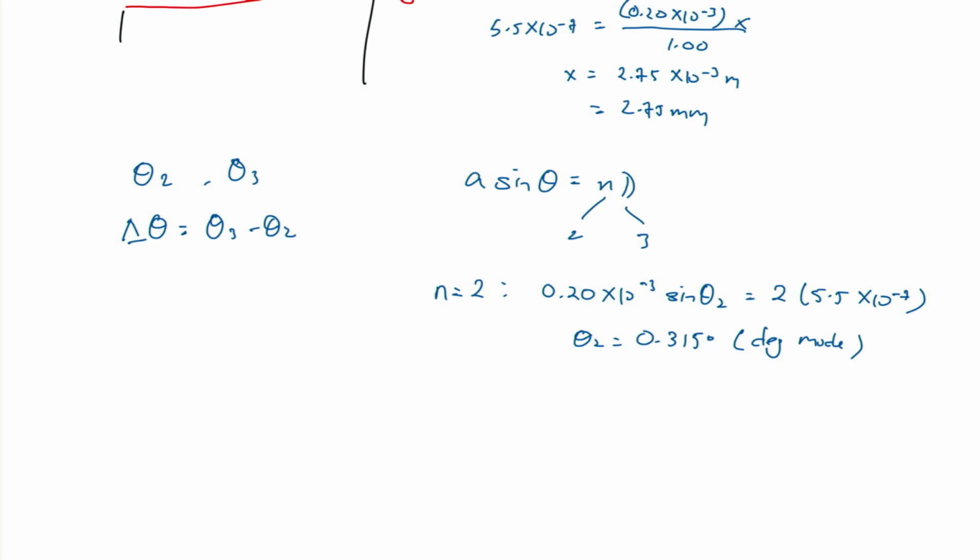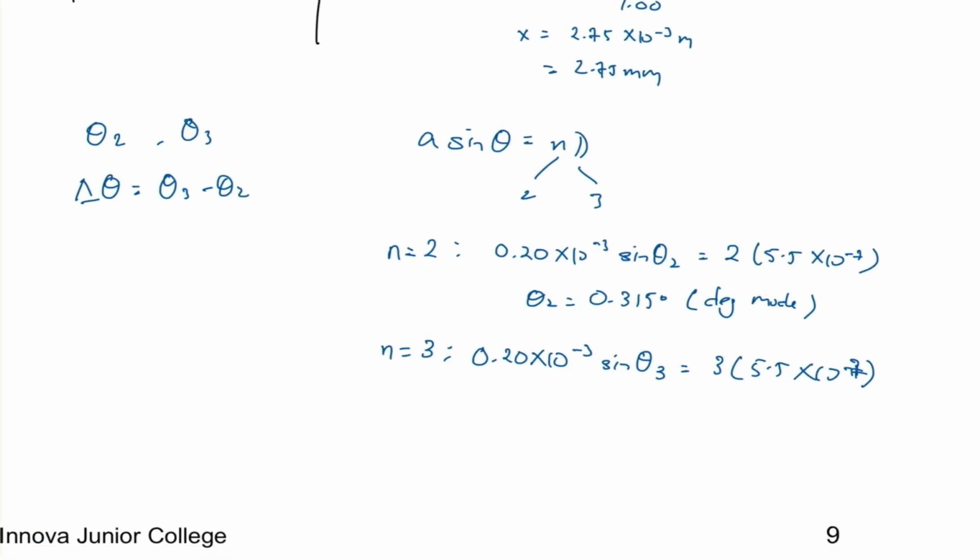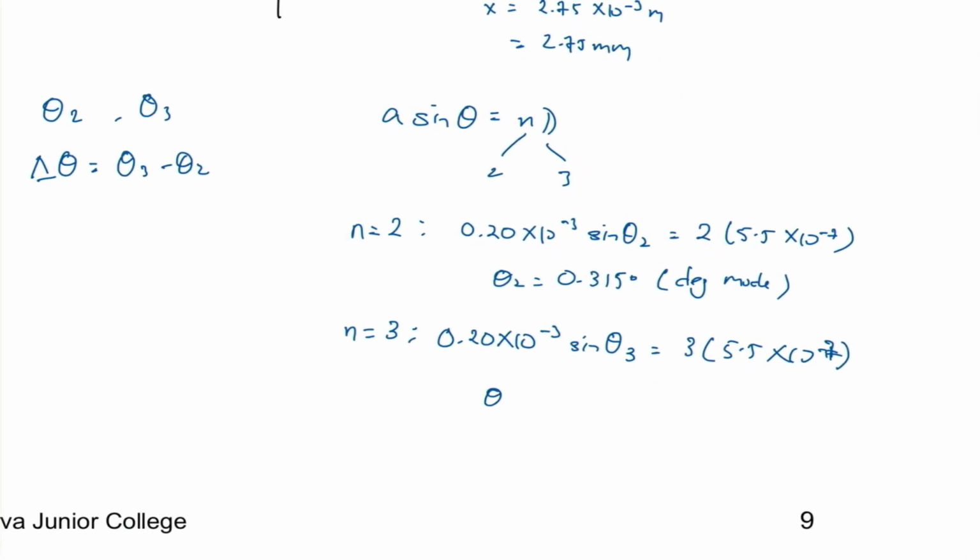Then we find it for n equals 3. Again the same working: 0.20 times 10 negative 3 sine theta 3 equals 3 times 5.5 times 10 negative 7 as well. Then you get theta 3 to be equal to 0.473 degrees.